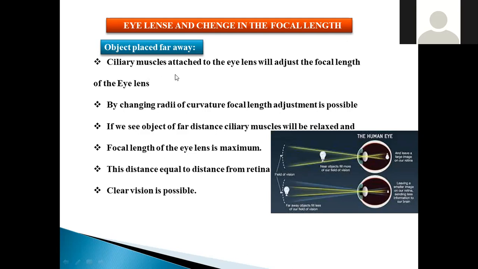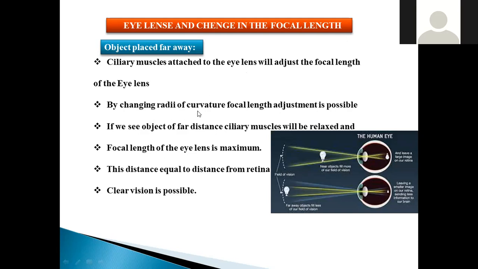These muscles elongate and compress themselves in order to adjust the focal length of the eye lens. Especially these ciliary muscles play a vital role in adjusting the focal distance of the eye lens.